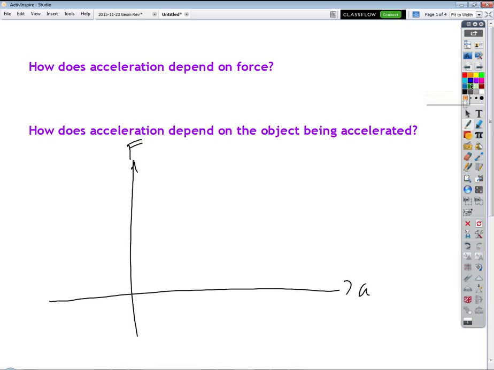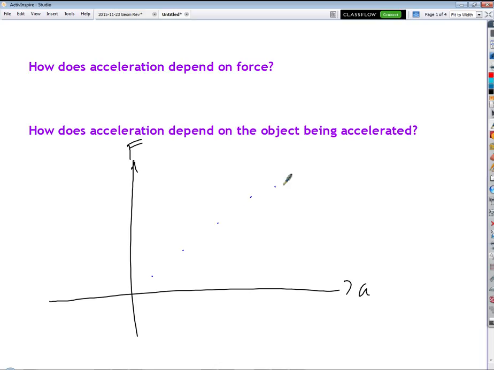What kind of pattern did they form? Linear. It was linear, wasn't it? It might have been a little bit off, but basically it was a line through the origin, right? That's significant. What's that tell us?